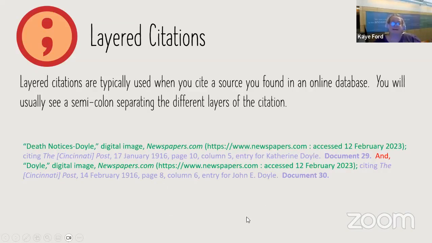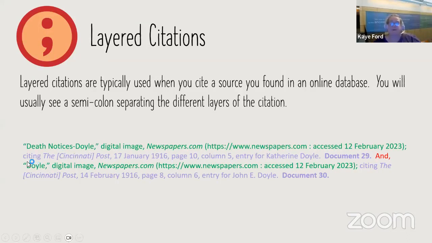And this citation example was actually one footnote source citation. I'm referring to 2 death announcements that I mentioned in the same sentence in my report. The first part, the green, separated by the semicolon, is where I saw the death notice, the digital image on newspapers.com.